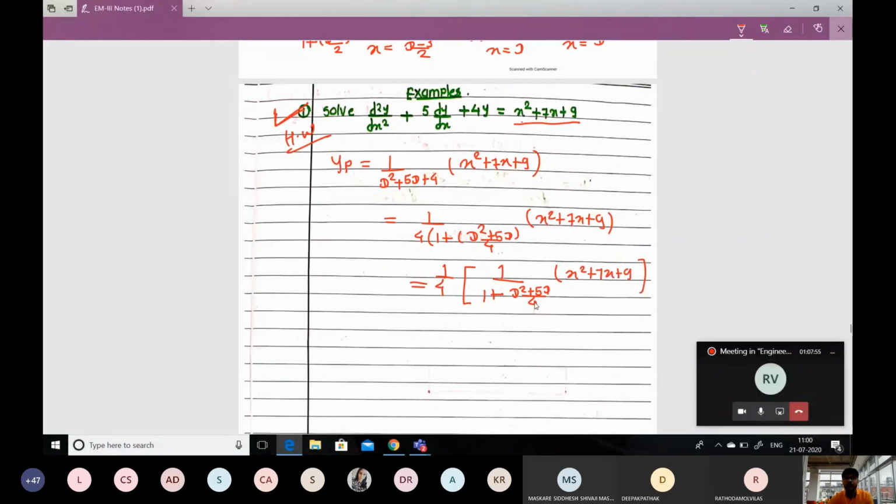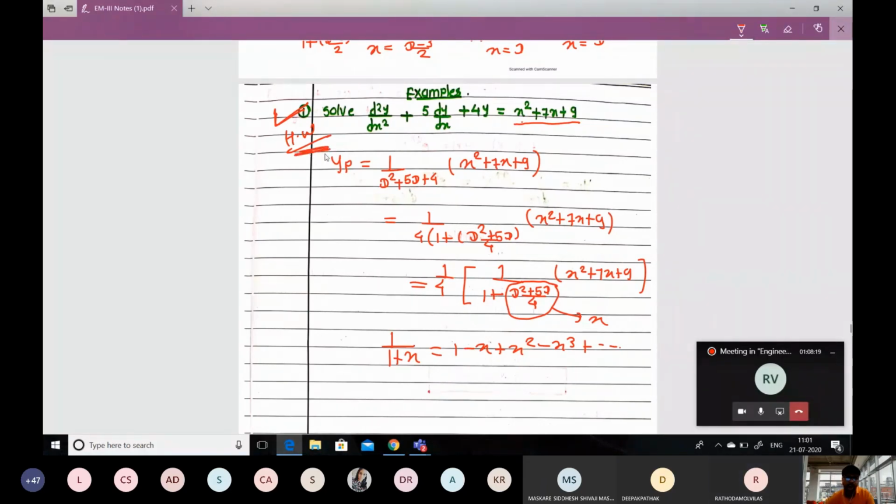Now you can treat this whole term as x and use the function 1 upon 1 plus x, that is 1 minus x plus x square minus x cube, and so on. Just treat x as this whole term, which is encircled here. Understand? This is for your homework.